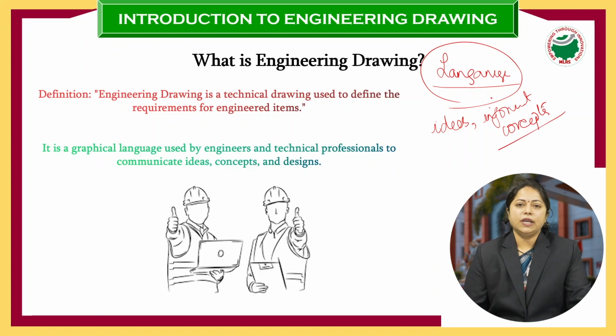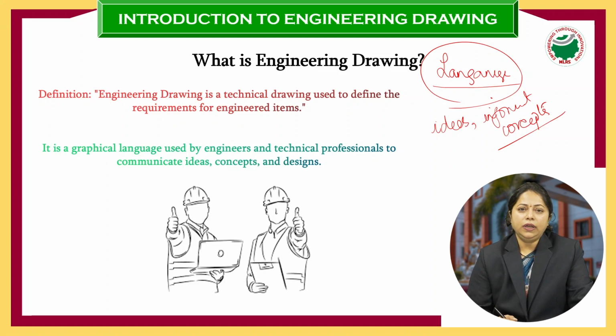For example, a bottle needs to be manufactured in a pharmaceutical industry, accommodating 10 ml of syrup. Now, when this idea is put on paper or on a computer, it clearly mentions all the specifications, and that becomes a language.